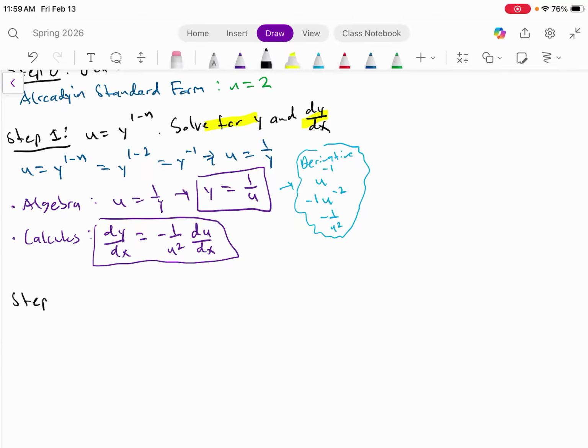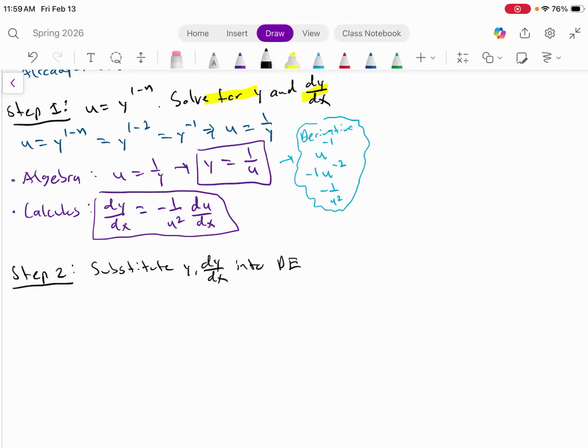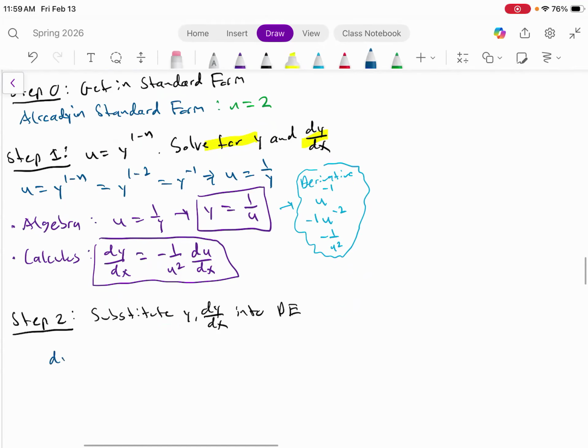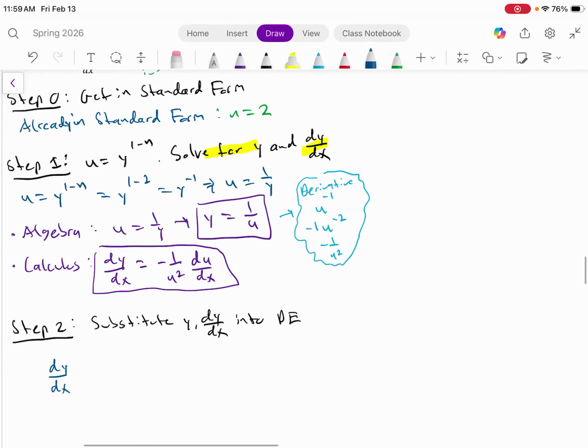So step two, substitute y and dy over dx into the differential equation. And so if I substitute these terms into the differential equation, let's just rewrite it for reference here in this step.